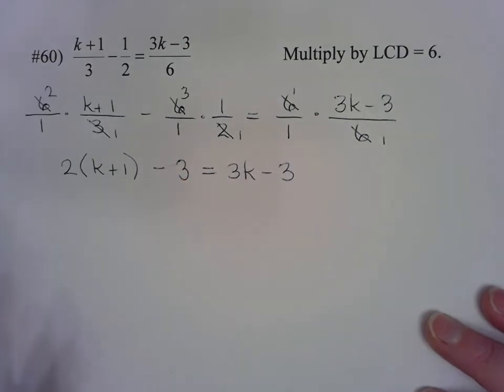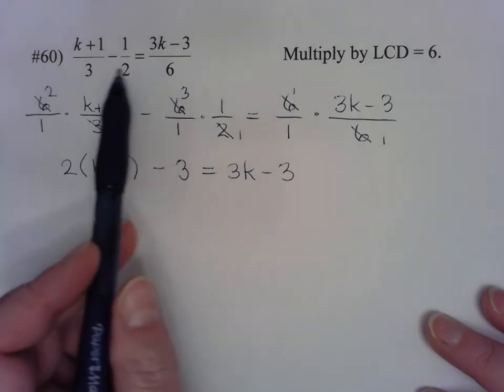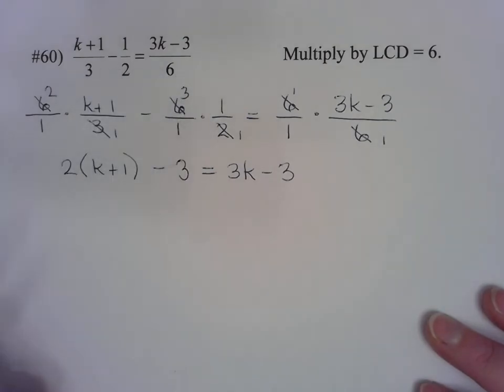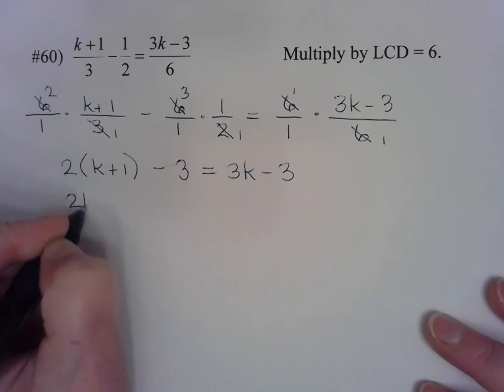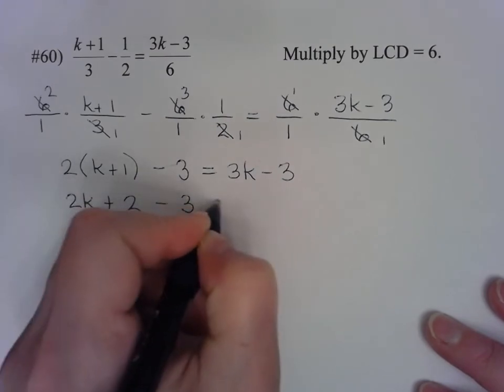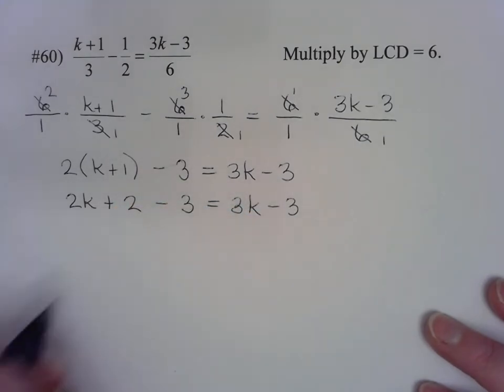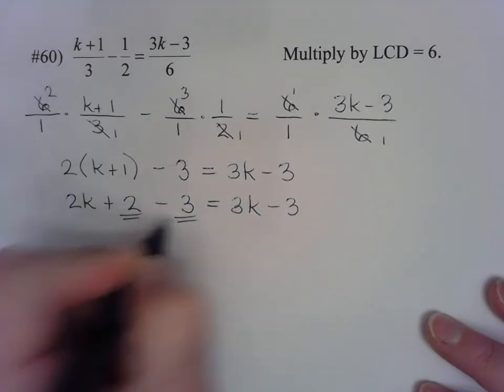All right, so clearly this is a lot easier to look at to solve, I think, than all these fractions, right? So now we can continue doing what we've been doing for the last couple examples. We'll distribute. We'll collect like terms.